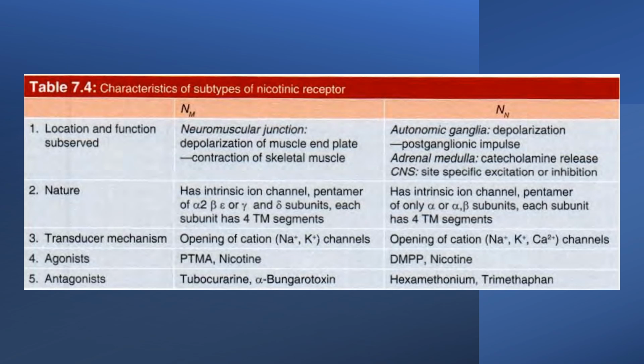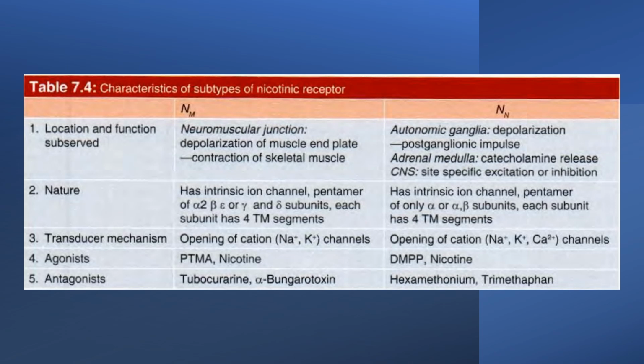Now coming to the nicotinic receptors, we have two types. The first is found at the neuromuscular junction, and the second is found in the autonomic ganglia, adrenal medulla, and in the CNS.